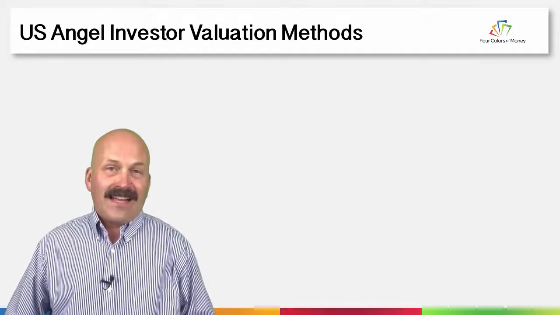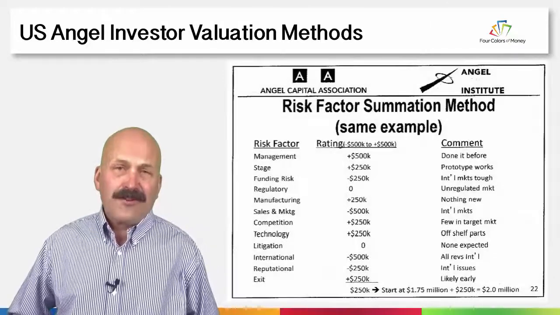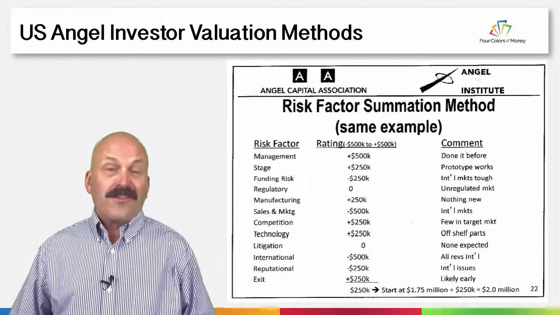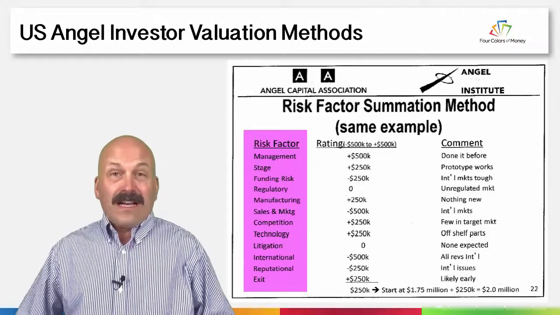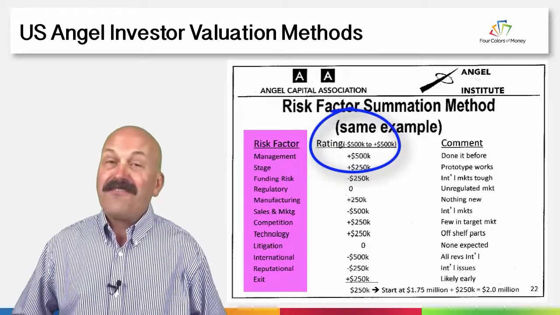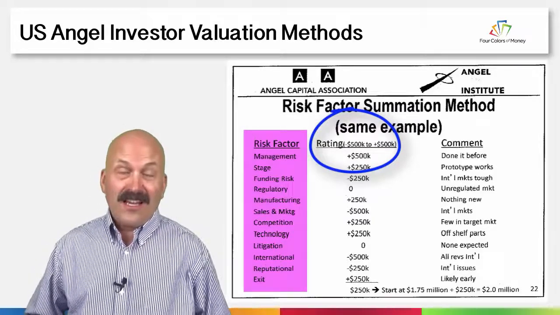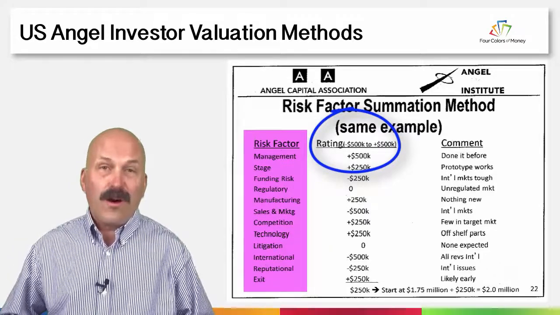The final valuation method taught to U.S. investors is a bit of a hybrid of the first two. There are now 12 factors to consider, and then the assessment plus or minus in this case is plus or minus $500,000 based again on the judgment of the angel investor about where you are.